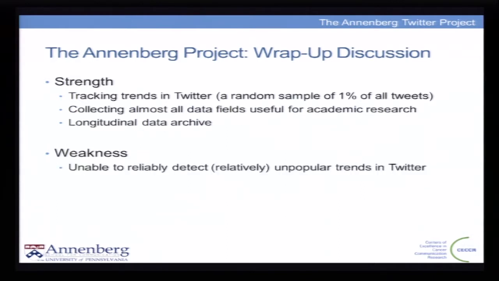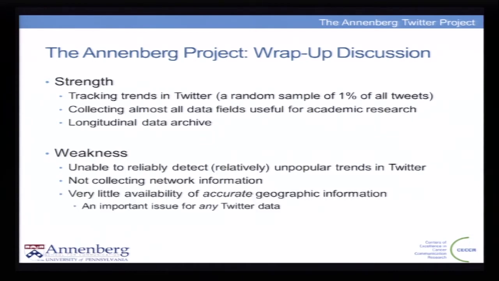A weakness might be that we are not able to reliably detect relatively unpopular trends because we are getting a 1% sample. So if the phenomenon of interest is not that popular, we might not get reliable estimates. And we are not collecting network information, which requires another access to the APIs. The final point is that there's very little availability of accurate geographic information.